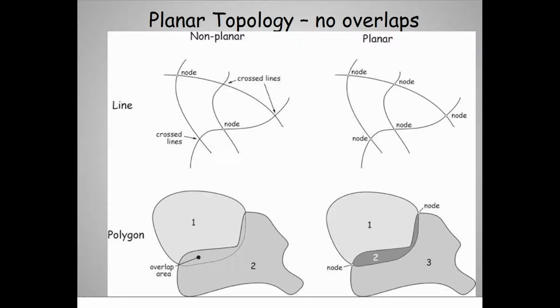Today, most GIS systems actually work like this, where you can have two polygons and planar topology is not enforced. In other words, you can have two polygons that overlap but don't share attributes. Now, this throws a wrench in analysis sometimes.